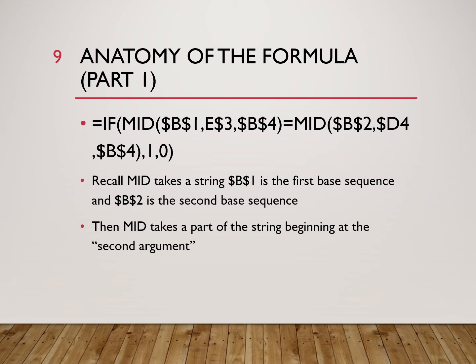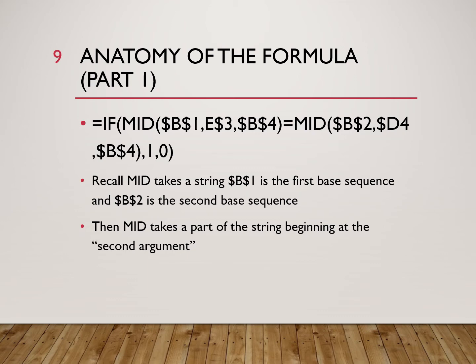They have dollar signs in both the letter and the number, so we can copy any which way, and the first MID is always referring to the first base sequence, and the second MID is always referring to the second base sequence.